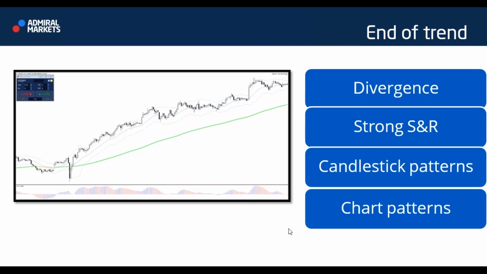The end of the trend: divergence. Depending on the time frame, multiple divergences are sometimes needed, or divergence on multiple time frames. The more divergence, of course, the stronger this pattern will play out, and the stronger the impact it will have. Because if there's only one divergence, well, on a weekly chart it's still important, but the thing is, when does it play out?